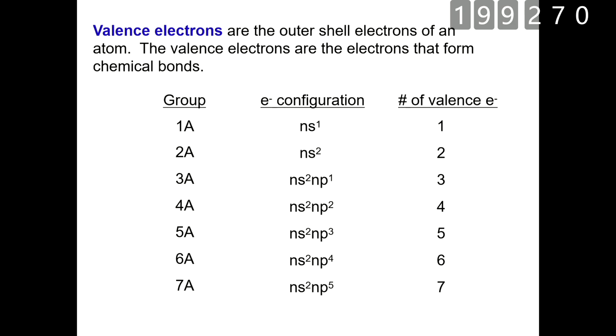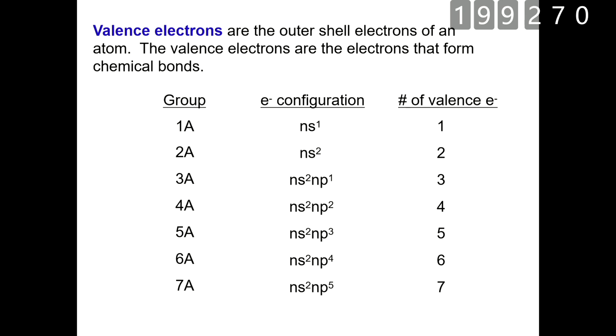Okay, so we know for each atom there are two kinds of electrons, right? One is the most outside electrons. Another is the inner electrons. And the most outside electrons, we call them valence electrons.